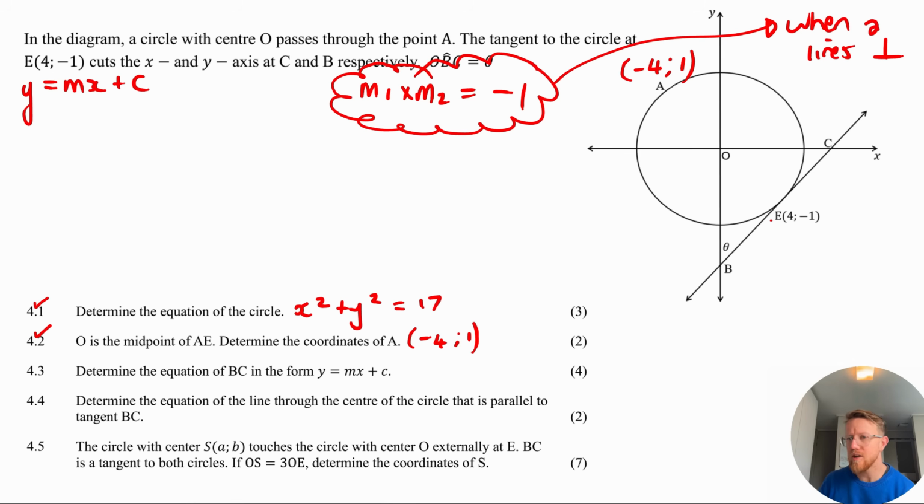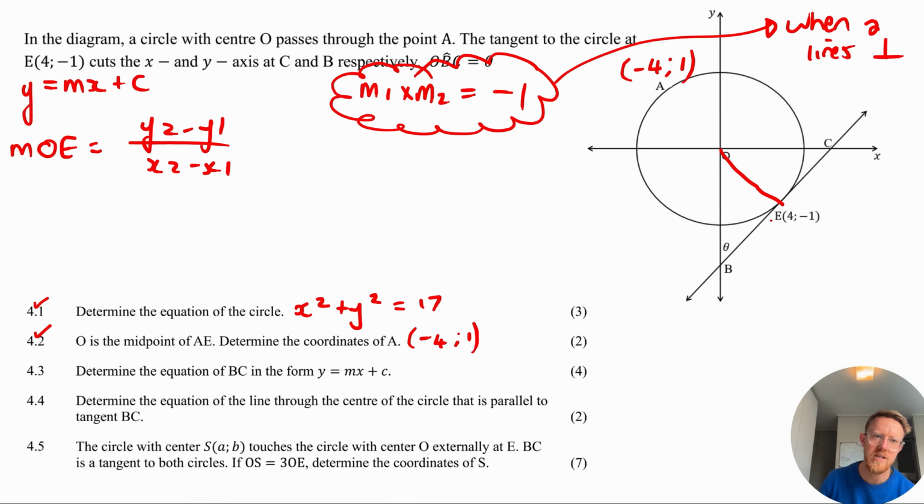So let's go get the gradient of this line over here. We can work out the gradient of OE, and to do that, we use the gradient formula, which is y2 take away y1 over x2 take away x1. I'll use this as my point 1 and this is my point 2. You can do it the other way around, it really doesn't matter. Remember the coordinates here are 0, 0.